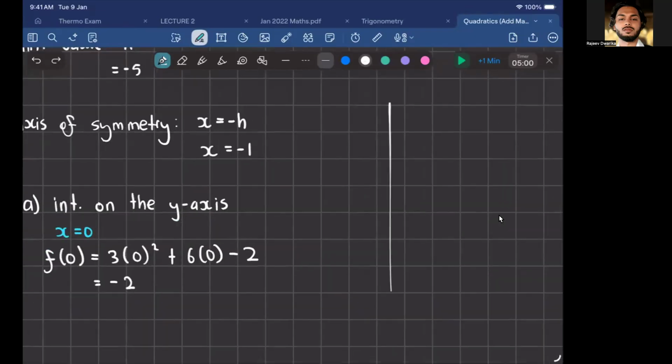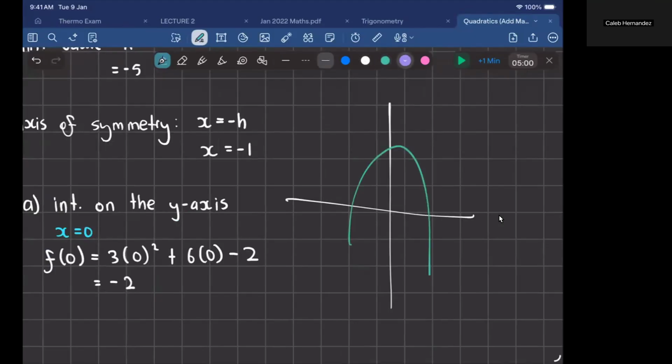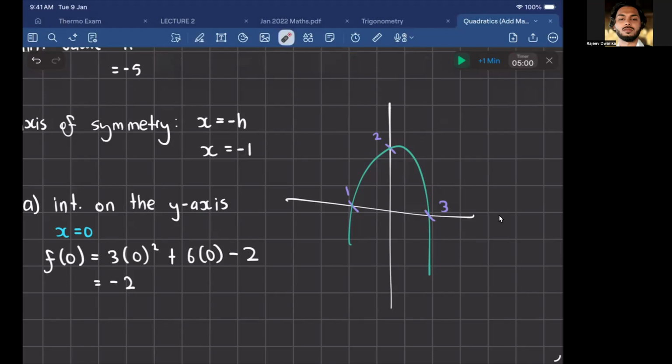When you hear intercept on the y-axis, do you know what that means? X. Okay, I'm gonna draw a diagram. I want you to tell me where it cuts the y-axis. At 1, 2, or 3? Okay, what axis is this?